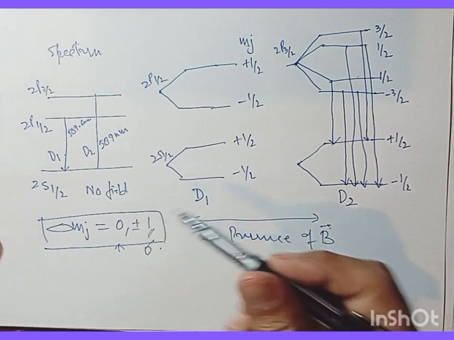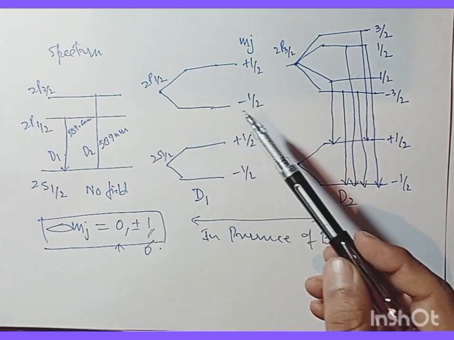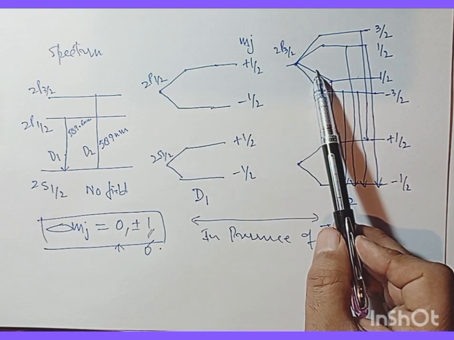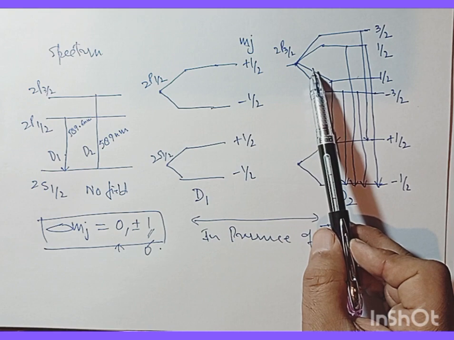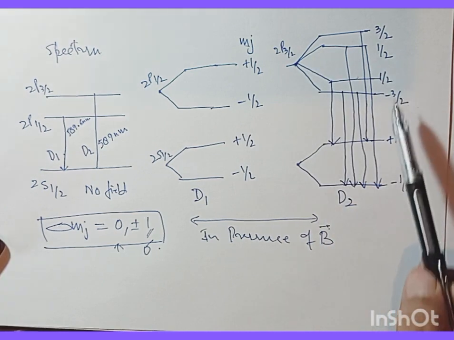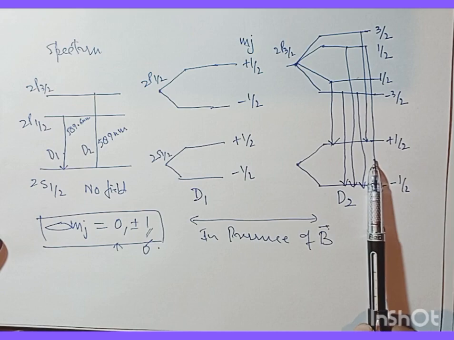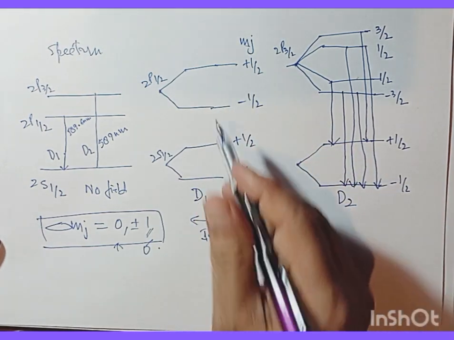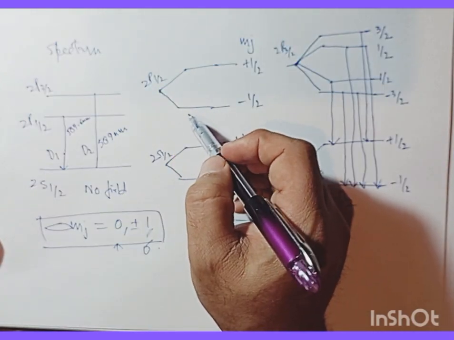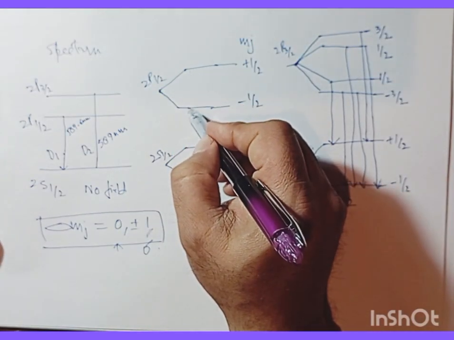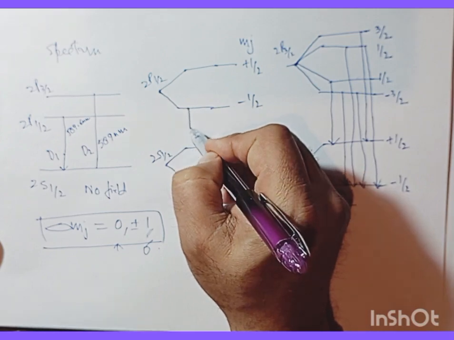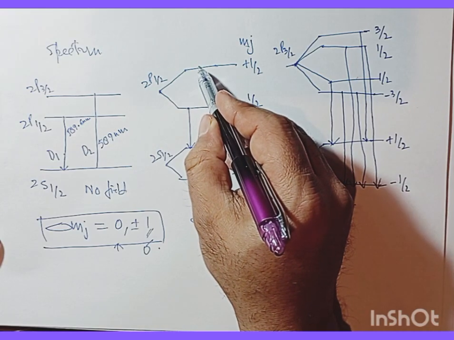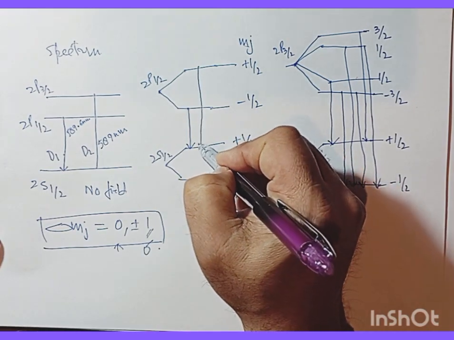We can see here the splitting of the 2p 3 by 2 state. The splitting is shown here for the D2 line, and I have not incorporated the splitting for the D1 line. For the D1 line, the first transition should go like this, and the next allowed transition is like this.